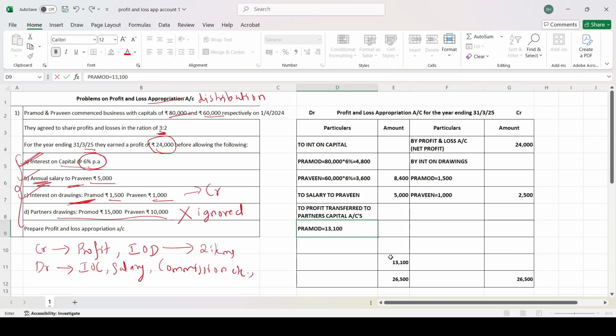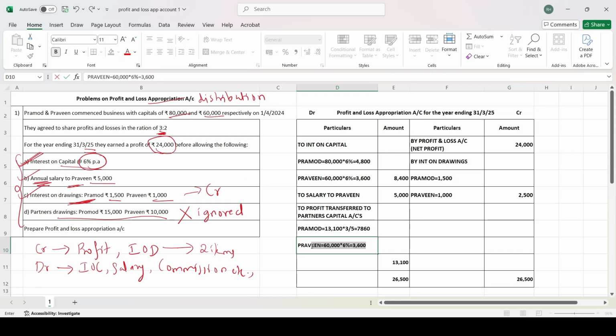13,100 into, what is their profit sharing ratio? You can see here it is 3:2. 3 is Pramod, 2 is Praveen. 3 plus 2 is 5. So 3 by 5. 13,100 into 3 divided by 5 comes to 7,860 rupees. Next come to Praveen.